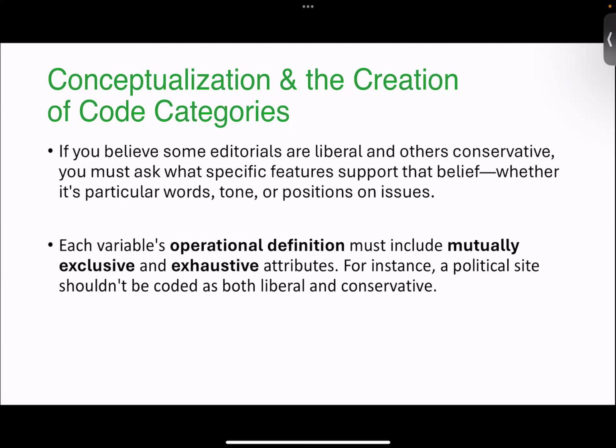No, they have to be mutually exclusive. A side can be either liberal or conservative, or maybe you want to create another one called neutral, neither liberal nor conservative. So you first have to decide what categories you want.